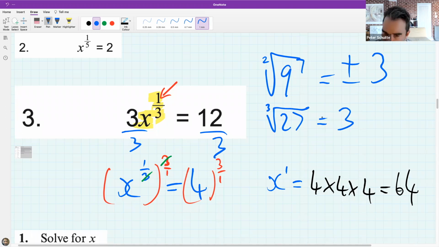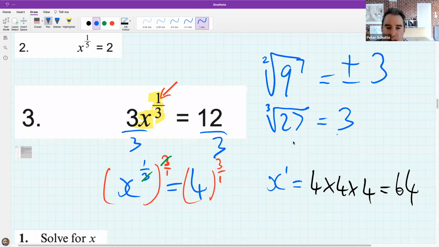I think you would have learned this in grade 8 and 9, that if you have an even root, you have two answers, whereas if you have an odd root, you have one answer. Give me a thumbs up if you've heard that before. Give me a thumbs down if you're like, what are you talking about, crazy man?